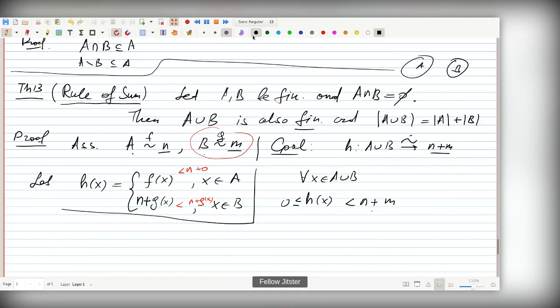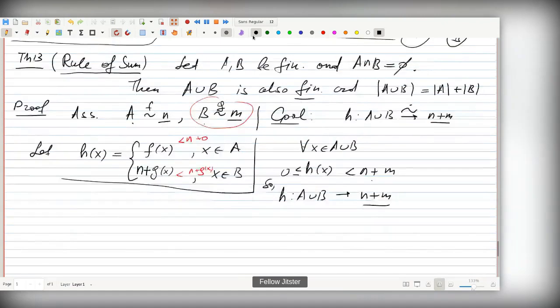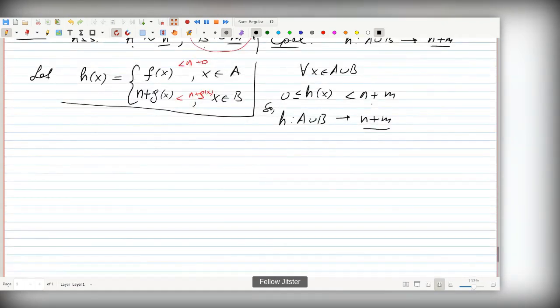So indeed, that means that h is a function with values in n plus m underlined, but whether it is injective or surjective, that is the question.